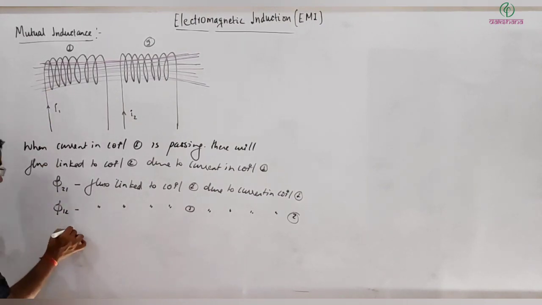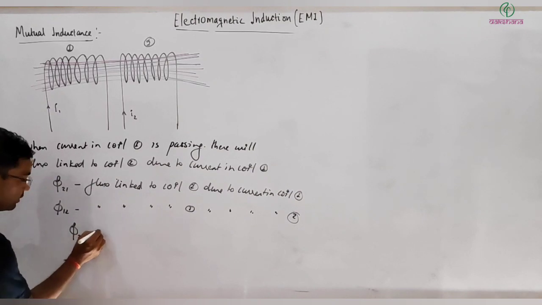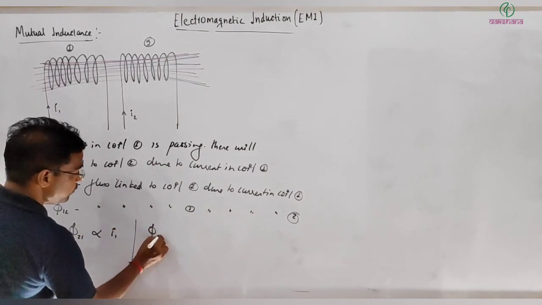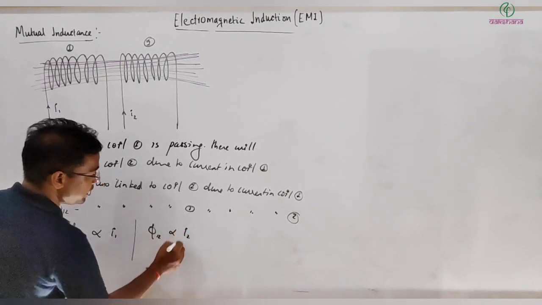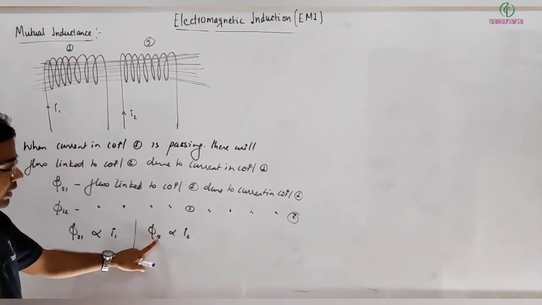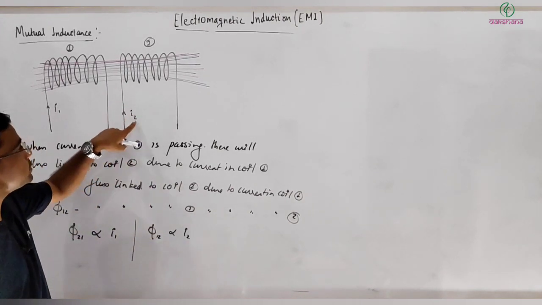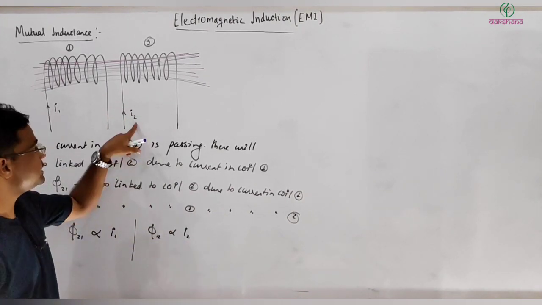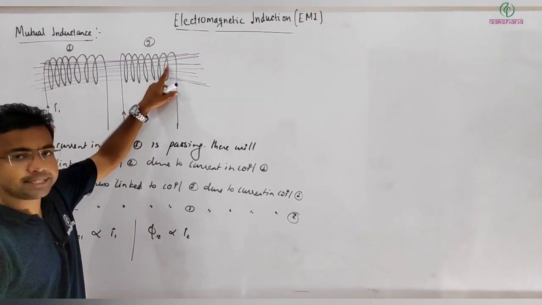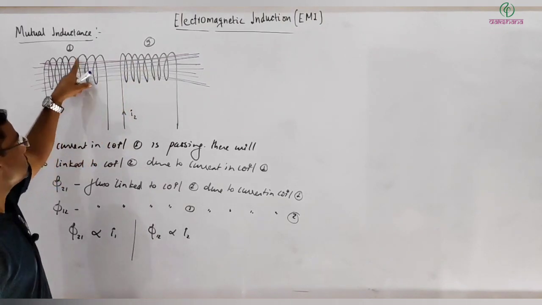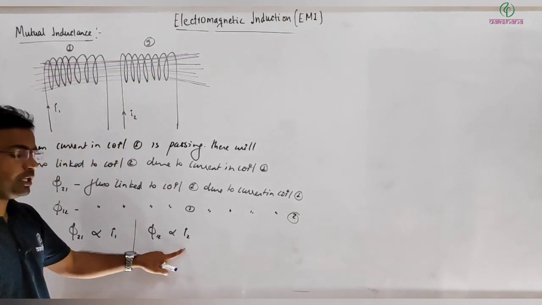So definitely I can write phi 2 1 will be proportional to I1, and phi 1 2 will be proportional to I2. Flux in coil 1 due to current in coil 2 will definitely be proportional to I2. If I am increasing this, magnetic field strength will increase, magnetic field lines will increase, and because of this flux linked to coil 1 will also increase.